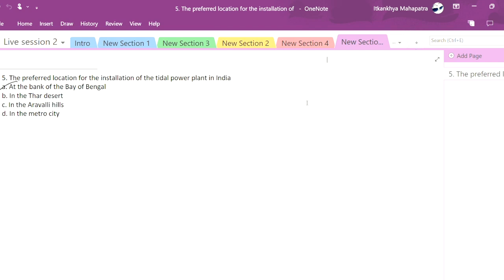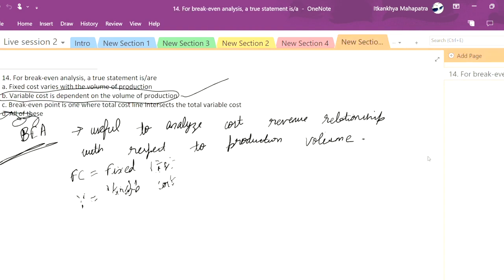A nuclear power plant is usually preferred in a desert because of the hazardous effects it may have on the environment. A tidal power plant must be situated on the Bay of Bengal. So, the situation of a power industry is based on this requirement.